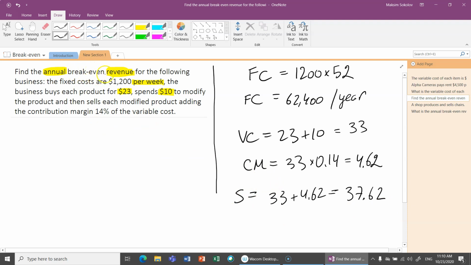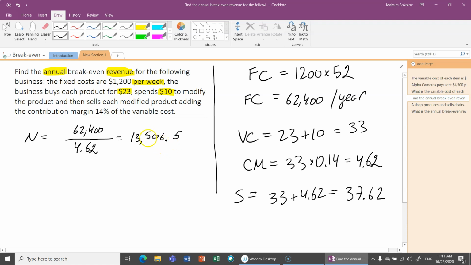What is the break-even revenue? In order to find the revenue, let's first find the number of items to break even. The number of items to break even is going to be your fixed costs, which are 62,400 per year, divided by the contribution margin, 4.62. That gives 13,506.5.